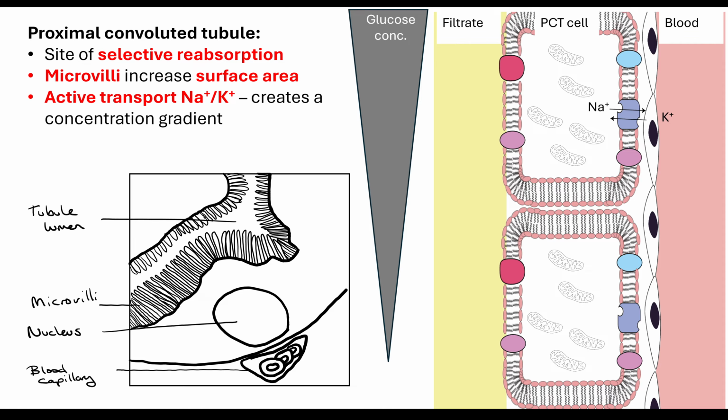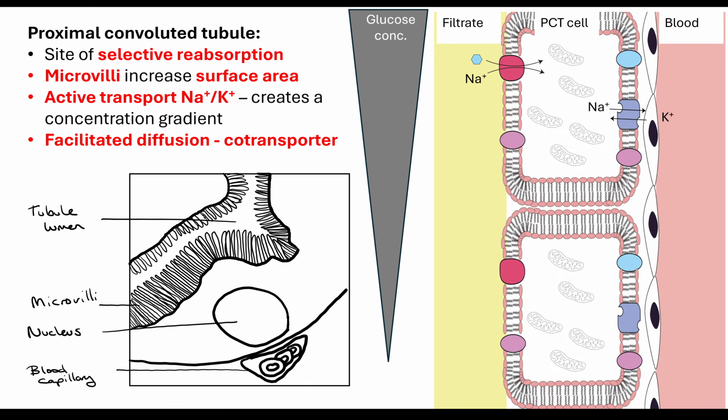We are pumping, so we're taking it from a low concentration to a high concentration, and we want to maintain a very low concentration of sodium inside our proximal convoluted tubule cell. And what that will then mean is that facilitated diffusion can occur, and that can occur down a co-transporter.